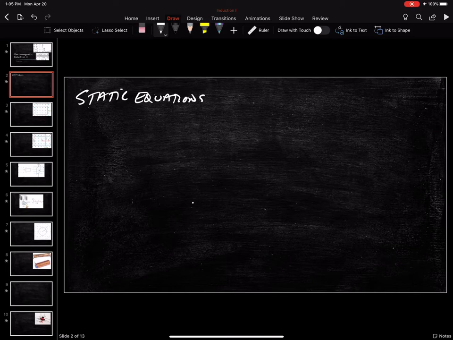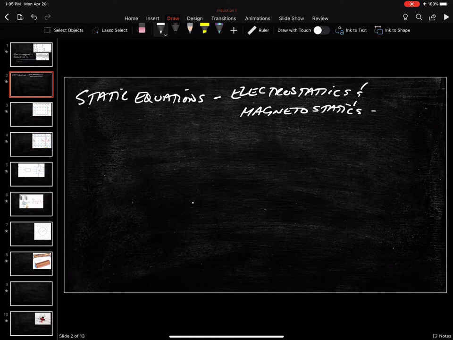The equations of electrostatics and magnetostatics. In other words, situations in which the time derivatives of the fields are equal to zero. So dE/dt and dB/dt are equal to zero. That's what I mean by the static situations.